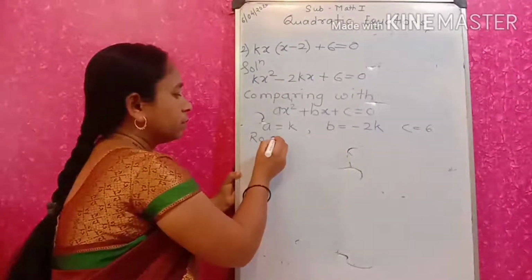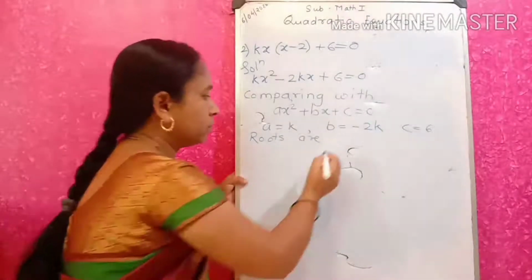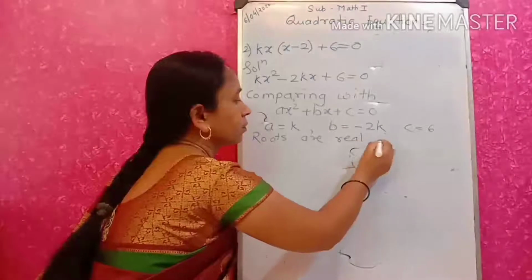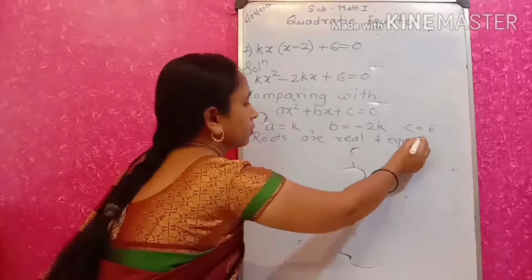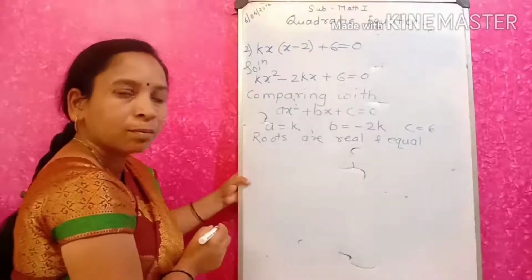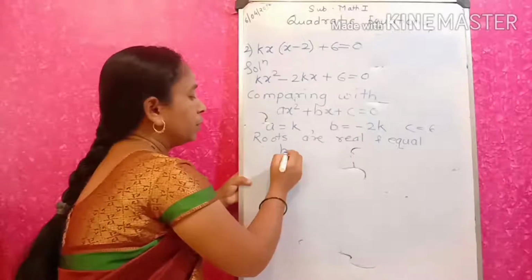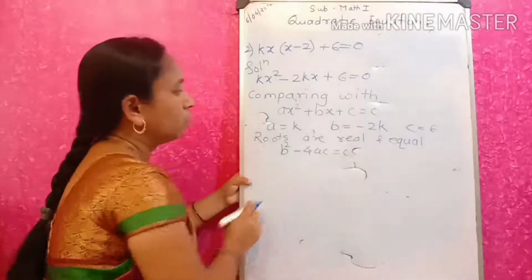Roots are real and equal. Therefore, their discriminant must be 0. So b square minus 4ac is equal to 0. What is b square?